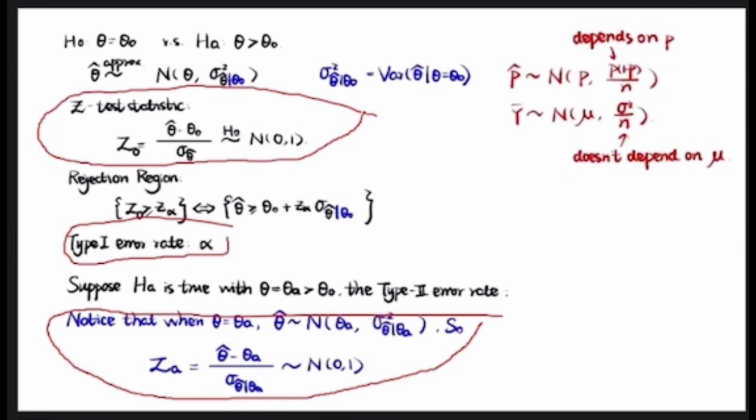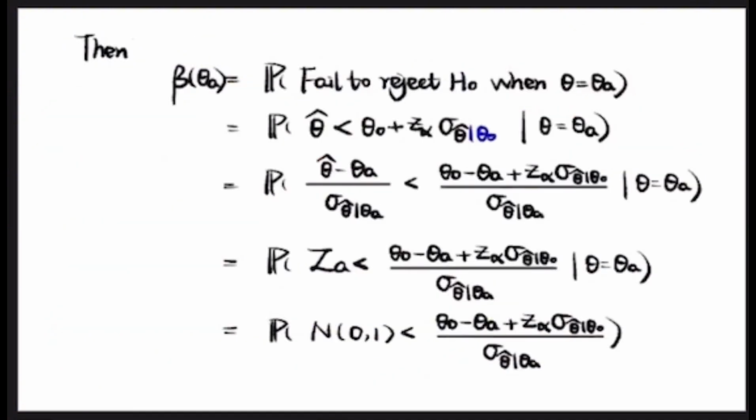One is when the alternative is true. When the alternative is true, it's just going to be the estimator minus the value under the alternative divided by the standard deviation of theta cap when the alternative is true. But take a look at the Z0, that is actually centered on when the null hypothesis is true. I need you to pay attention now.